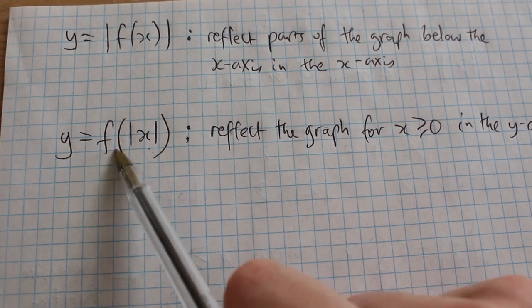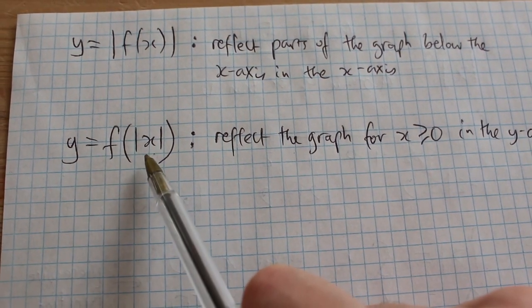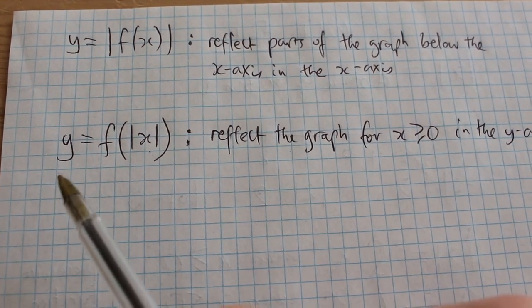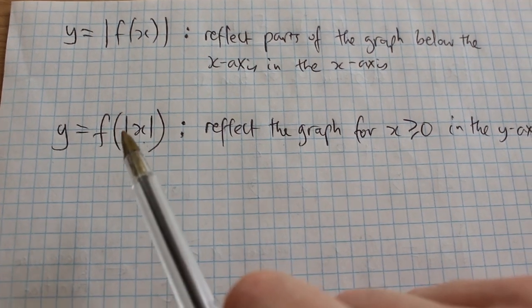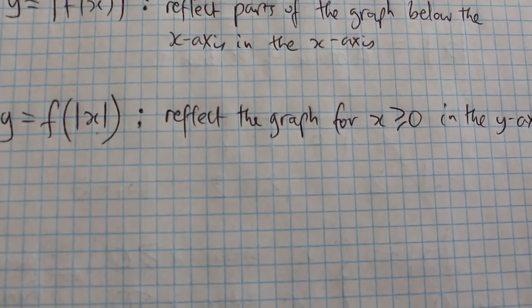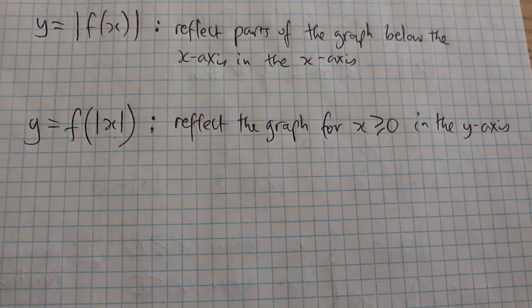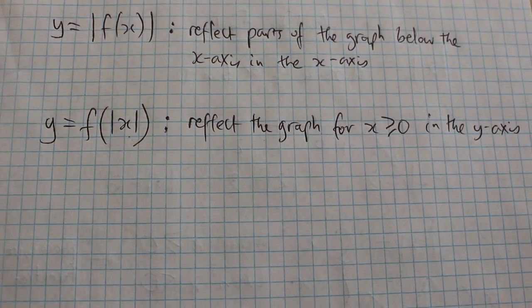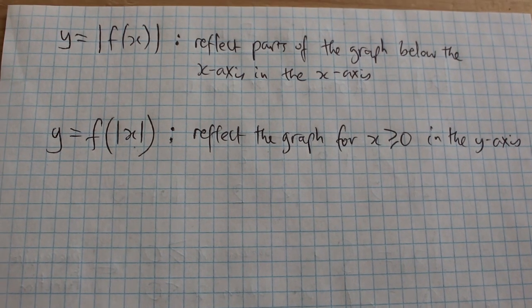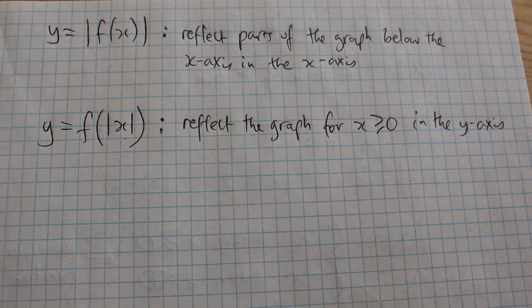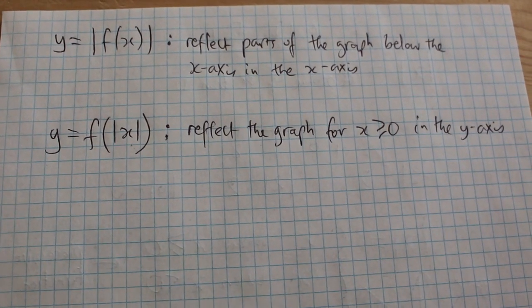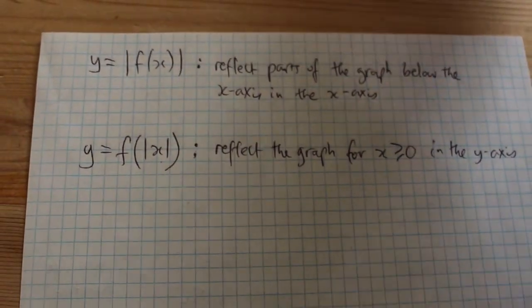So when x is -7, we'll get the same y value as when x is 7. So the graph is going to be a reflection of the part to the right of the y-axis, reflected in the y-axis to give us the left half of the graph. So let's see some examples.